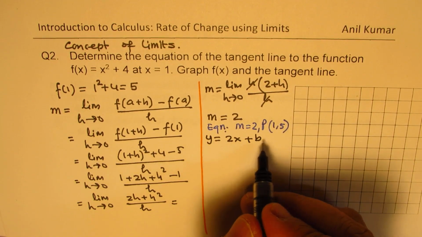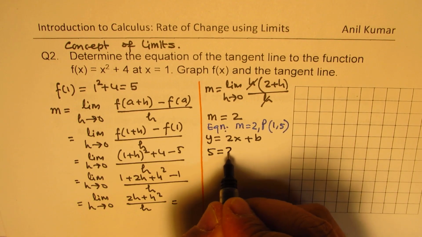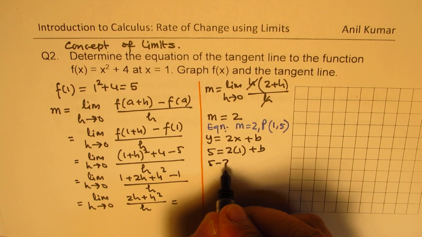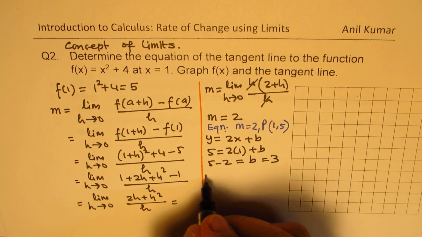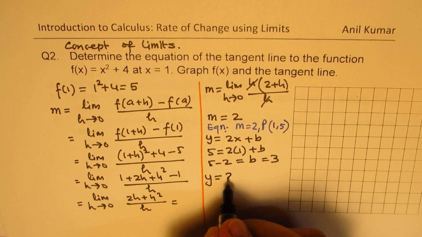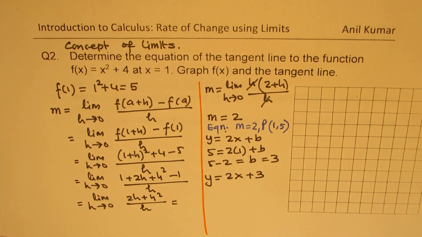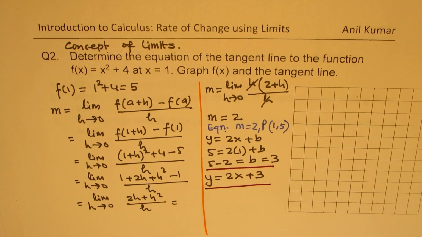To find the value of b, we substitute the point 1, 5. So we get 5 equals 2 times 1 plus b, and that gives 5 minus 2 equals b, which is 3. Therefore, we get the equation y equals 2x plus 3. Correct? So it's a line with slope 2 and y-intercept 3.